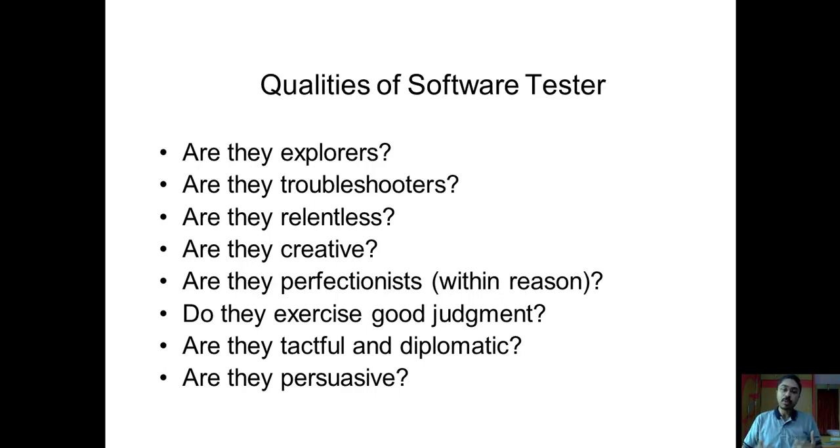Then they should be perfectionist. Perfectionist in the sense, you should not give up if something is bad. For example, I am testing a software wherein there are some spelling mistakes. Now as a tester, if I am testing only the functional part of the software, most testers will ignore that part, because it is not going to have that much impact on the software, even if spellings are wrong or there are some grammatical mistakes. But as a software tester, you should also look into those things. That is nothing but the perfectionist quality of a software tester.